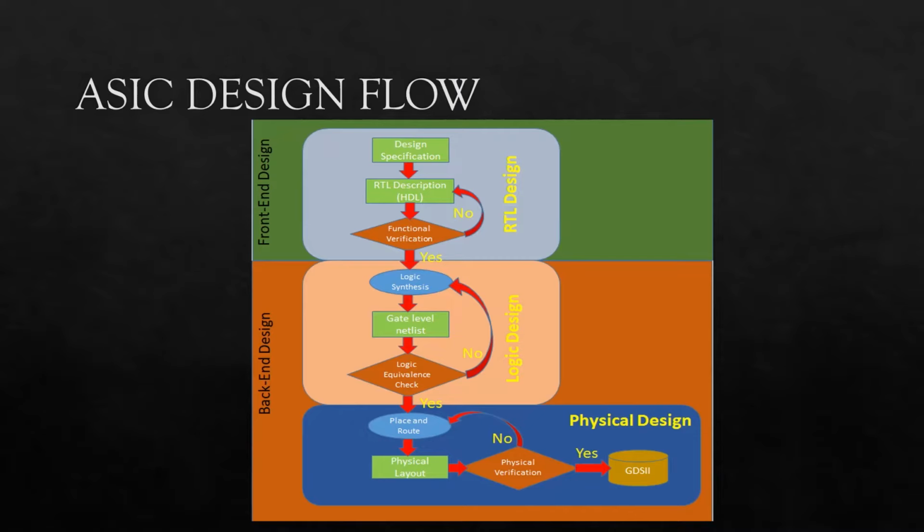So let's discuss what each and every step is and what the role of each step is. First is design specification. What is the meaning of design specification, and why is it used? Before implementing any design, there is a set of rules.